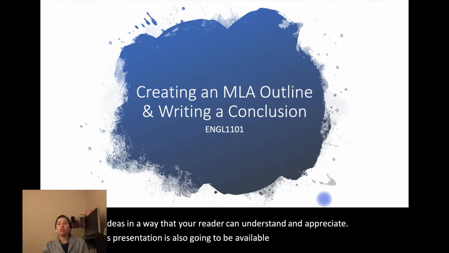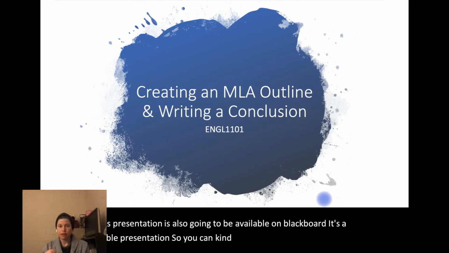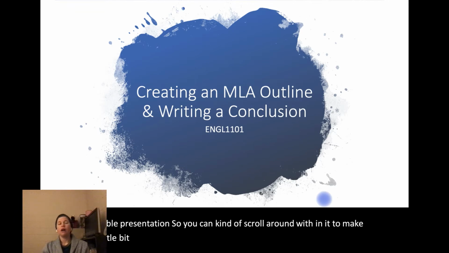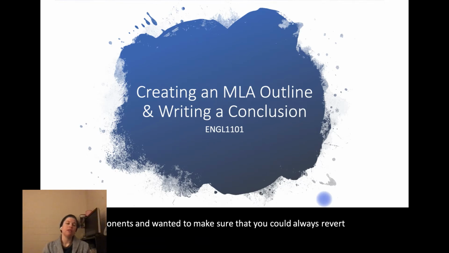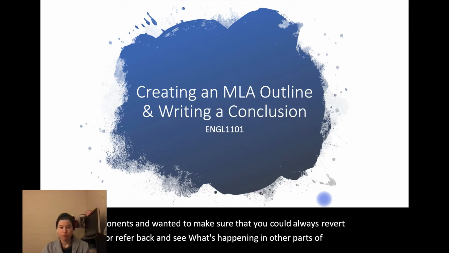It's a clickable presentation, so you can scroll around within it to make it a little bit easier for yourself. Because outlines have a few moving components, I wanted to make sure that you could always refer back and see what's happening in other parts of the outline as well.